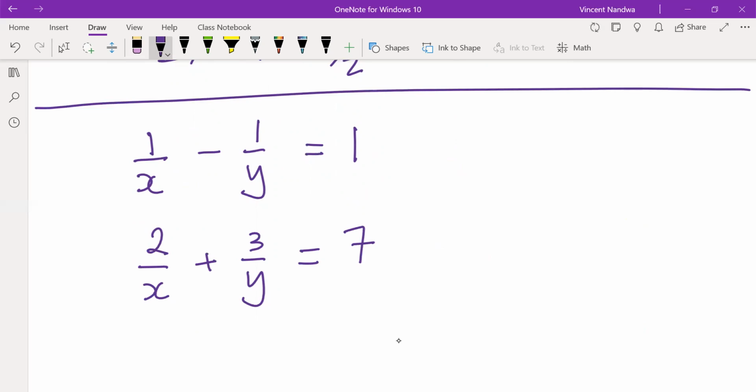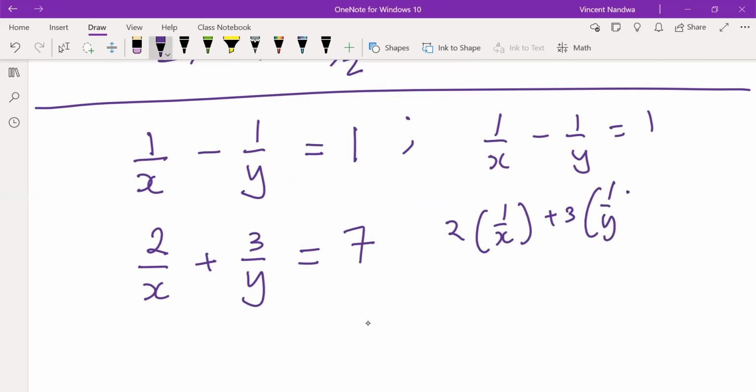Now, to solve this, we can remove the nonlinearity in this equation by doing some transformation. So you see, this one is 1 over x minus 1 over y equals 1. And this other equation can be written as 2 into 1 over x plus 3 into 1 over y equals 7. So we can let A be 1 over x and B be 1 over y.